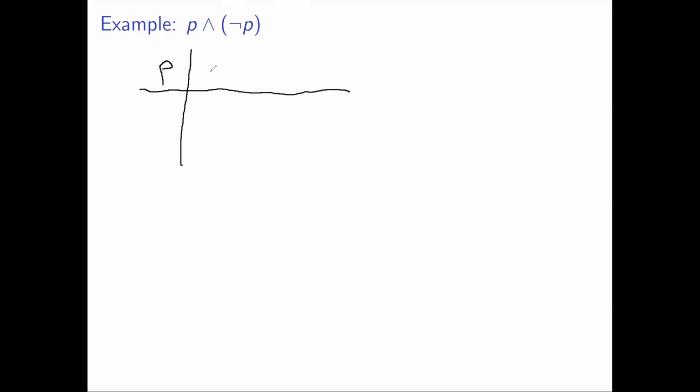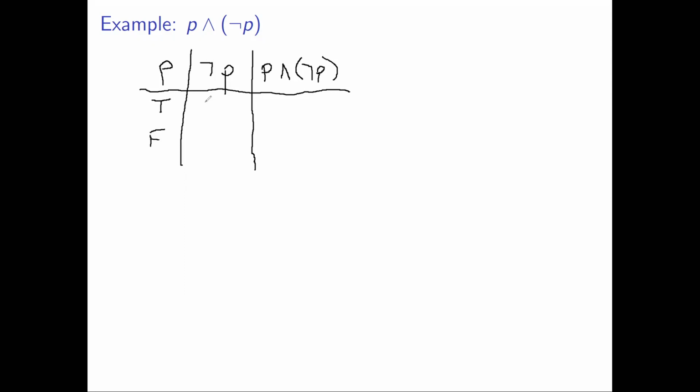One of our sub-propositions is just that propositional variable P. Another sub-proposition is the negation of P. And finally, the compound proposition that we're looking for, the conjunction P and not P. We have one propositional variable, so we only have two rows, 2 to the 1, in our truth table. We have a row when that variable is true, and a row where it is false.